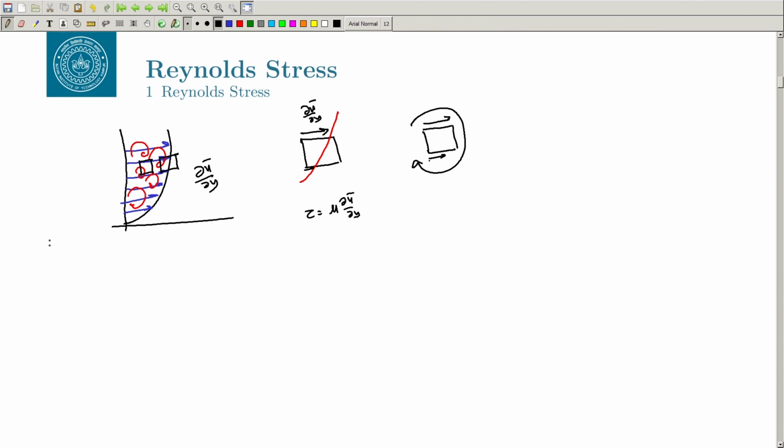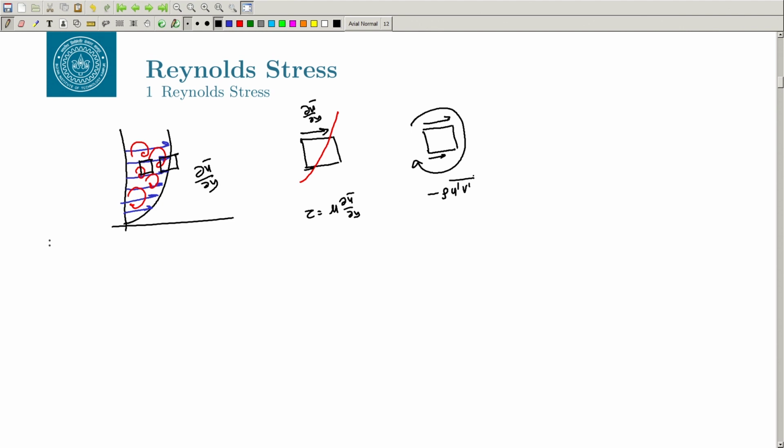You can think about Brownian motion, only that it is not random like Brownian motion, it is correlated, as you have seen that u prime v prime bar is not 0. So, this eddy is contributing additional stress to this flow, and that can be given by minus rho u prime v prime bar, which is a statistical measure.